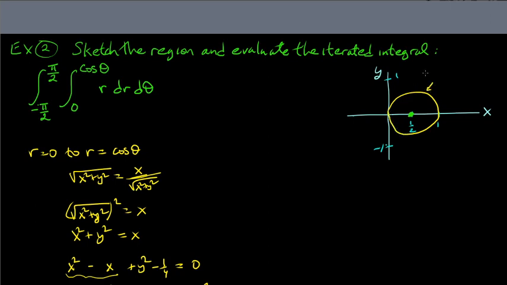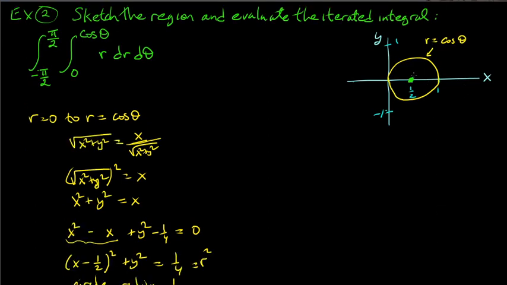Yep, this is r equals cosine of theta. So it's a circle, but it's not a circle centered at the origin. It's a circle whose center is (1/2, 0), x equals 1/2, y equals 0. And the radius is not 1, the radius is only 1/2.